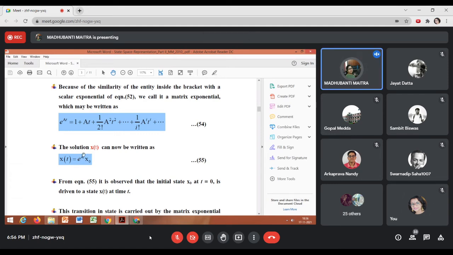So that means this matrix exponential e to the power At is the cause of transition of the state of the system from some initial state to some final state. I repeat, this e to the power At is actually instrumental for transition of a state at time t equal to 0 to some time t equal to t. So that's why this e to the power At is called a state transition matrix.